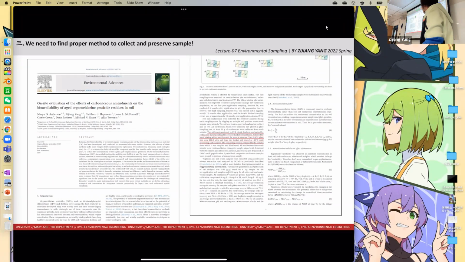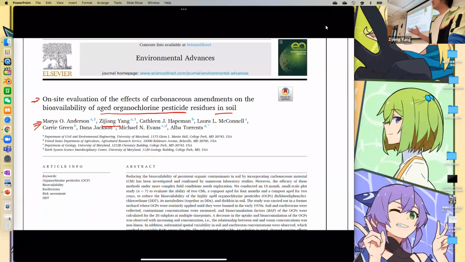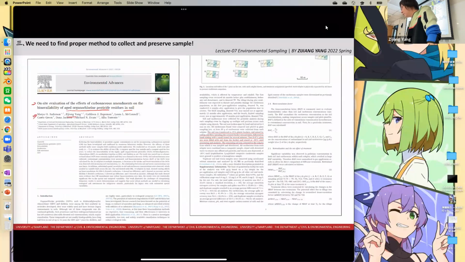So here I want to show this paper. This paper is from our group, and the first author is Maria, and also me. This is an on-site evaluation of some pesticides in the soil. That's why we developed this soil sampling protocol.